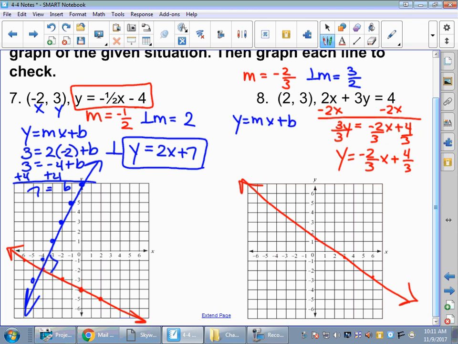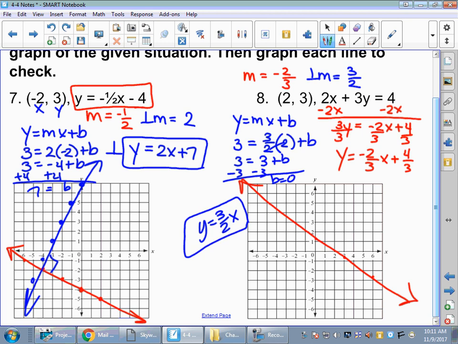Sometimes that tends to be the popular choice. 3 is equal to 3/2 times 2 plus b. Nice that the fraction goes away. 3 is equal to 3 plus b. Subtract 3, subtract 3, b is equal to 0. So this equation is y equals 3/2 x.